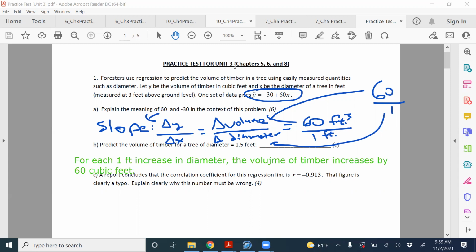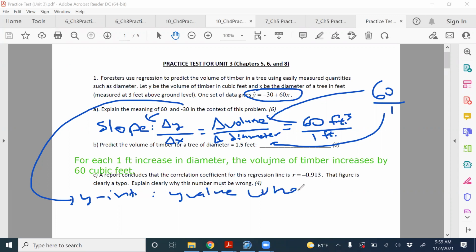So the -30 is a little strange. The -30 is the y-intercept. Remember, the y-intercept is the y value when x equals 0. So that means, let me actually use a text box.